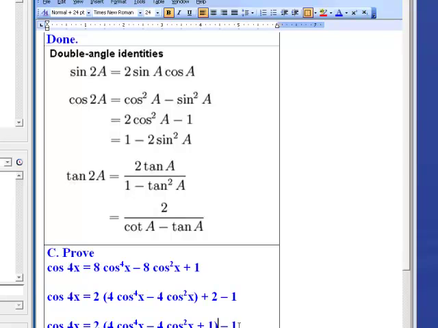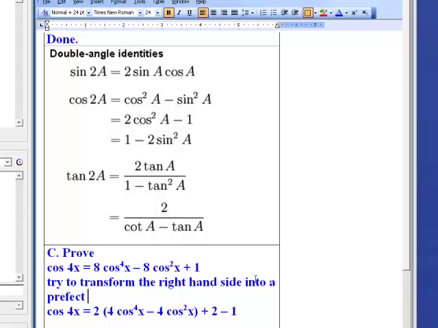Now what I have is this perfect square trinomial inside, and that's where I'm going to continue. So try to transform the right-hand side into a perfect square trinomial.